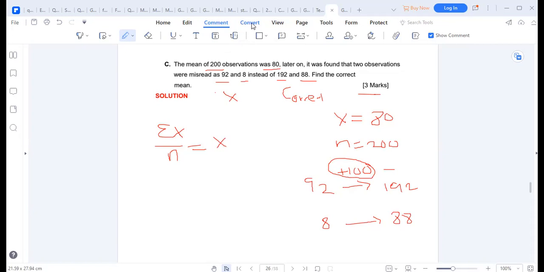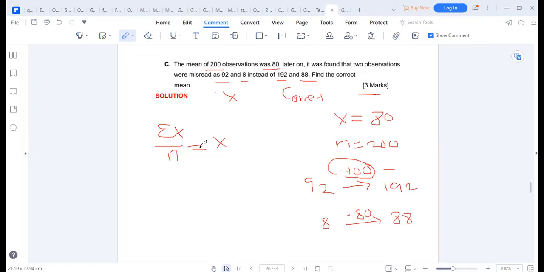Let me put the correct grammar: we understated our figure by 100 here, and there we understated the figure by 80. So here there's minus 80, and here minus 100.